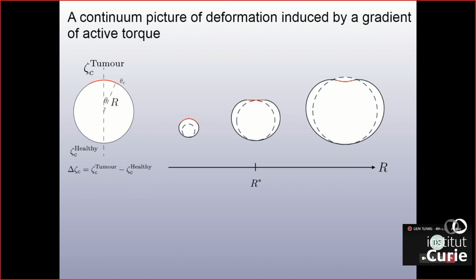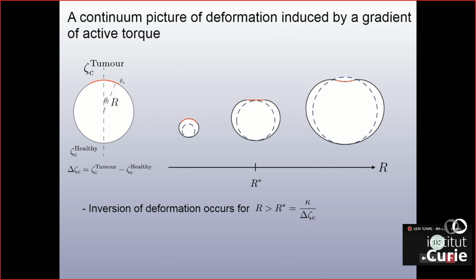And then one can do an analytical calculation and look at the resulting shapes. And depending on the radius, we see again this generic result that there is a threshold of radius below which the deformation is positive and above which the deformation is negative.